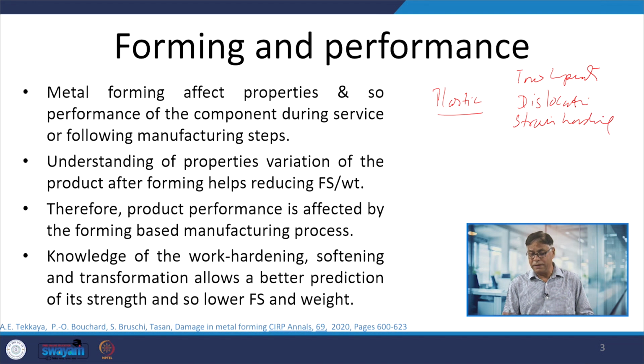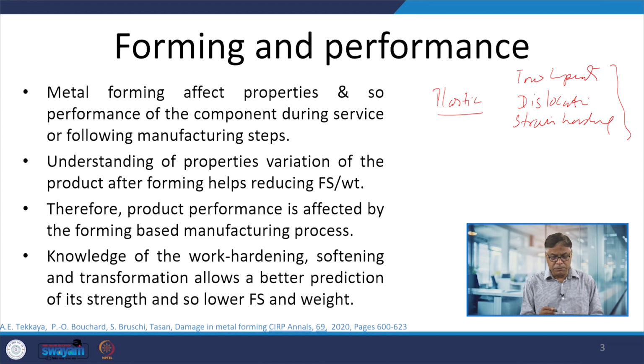Strain hardening in turn affects the mechanical properties. That is why we say that metal forming affects the properties, but not just the mechanical properties. A lot of other properties like corrosion resistance, resistance to fatigue, and the behavior of the material under low temperature or even high temperature conditions are all affected.